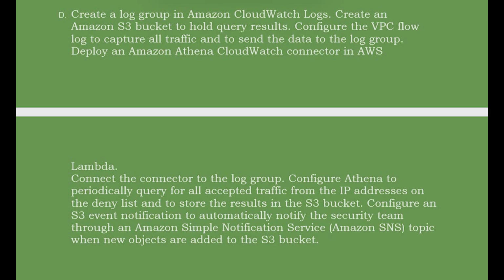Configure Athena to periodically query for all the accepted traffic from the IP addresses on the deny list and to store the results in the S3 bucket. Configure an S3 event notification to automatically notify the security team through an Amazon Simple Notification Service (Amazon SNS) topic when new objects are added to the S3 bucket?